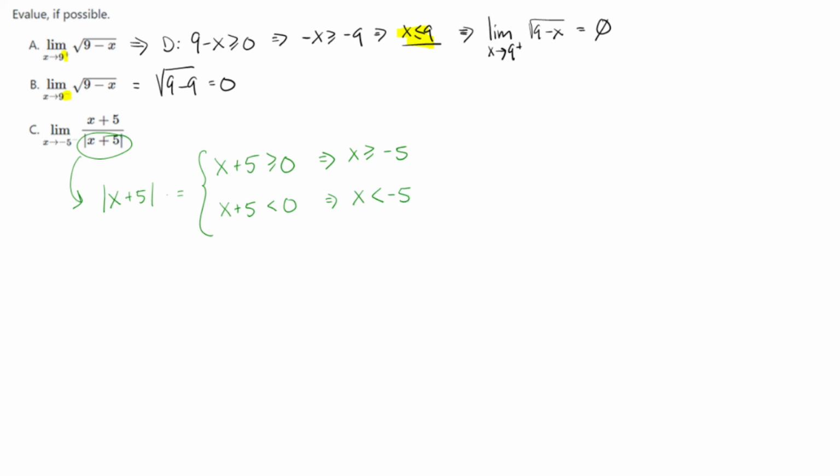Now, in this question, it says that the limit as x tends to -5 from below. That scenario means that x is going to be less than -5. So this is the scenario. That means we can rewrite this expression as the limit as x tends to -5 from below of x plus 5 over, and now x plus 5 in the argument of the absolute value will be negative, so we go negative x plus 5.